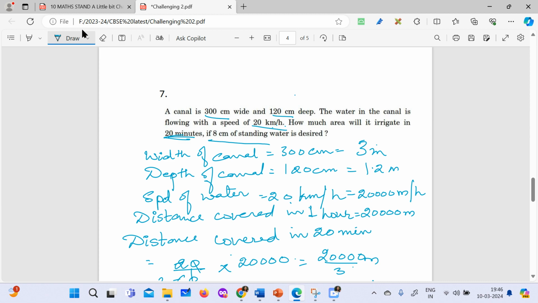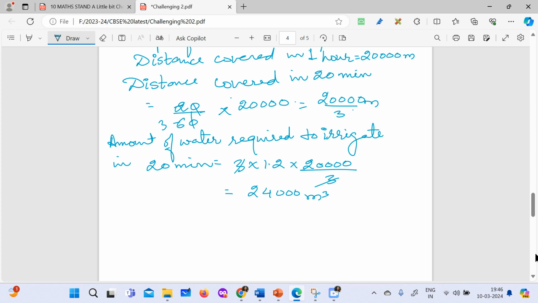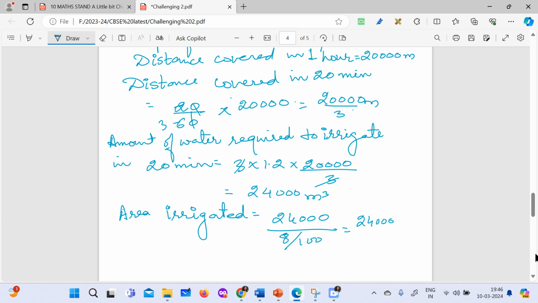So area irrigated will be, since it is 8 centimeter, we have to convert that into meter as well, so it will be 24,000 over 8 over 100, so that will be 24,000 into 100 over 8, and this will give you 300,000 meter square.